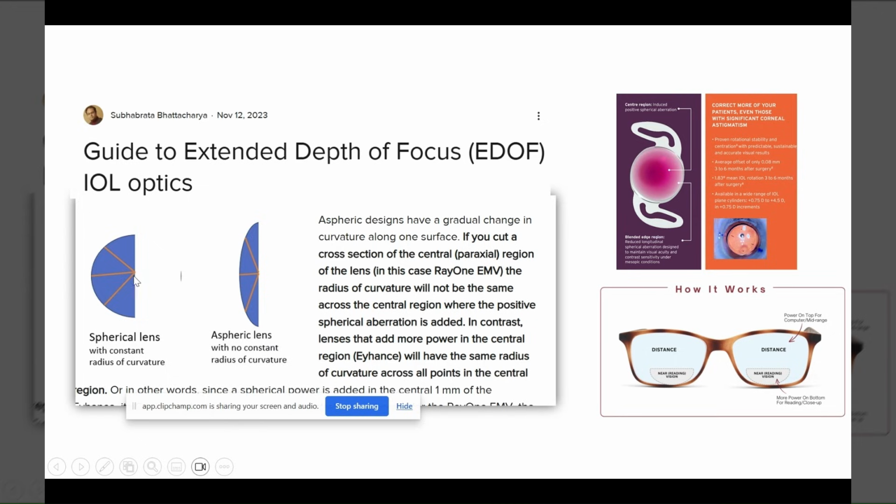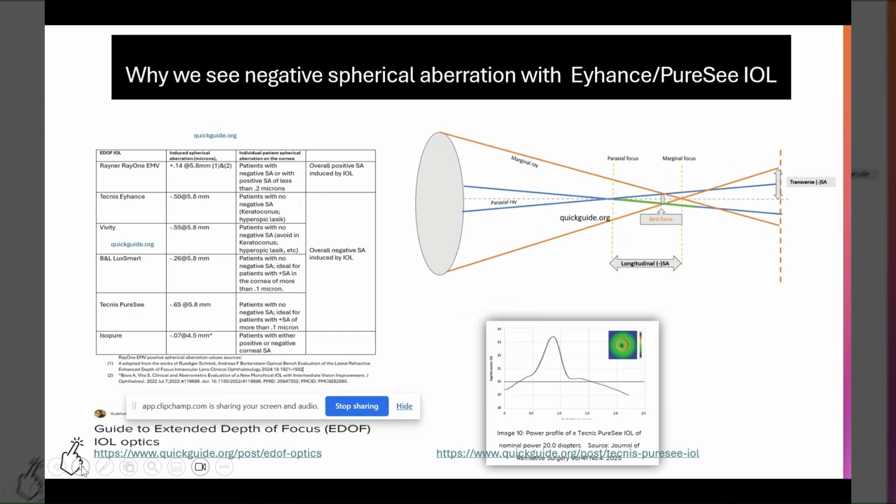The same way, Eyhance has a higher power in the central 1 millimeter. In contrast, the Rayner EMV is not limited to the central 1 millimeter of the lens. It progressively changes the asphericity of the lens from the center to the periphery, adding a positive spherical aberration.